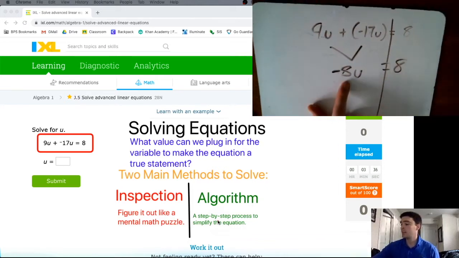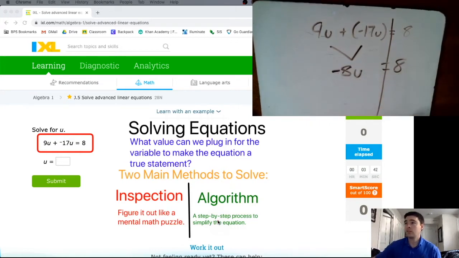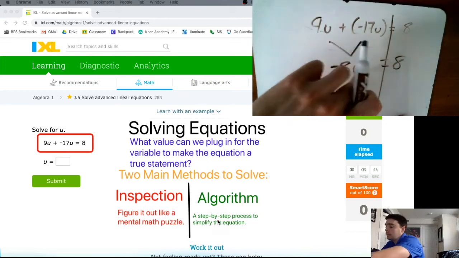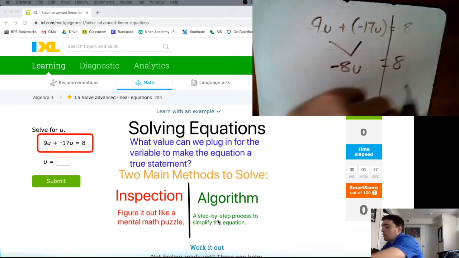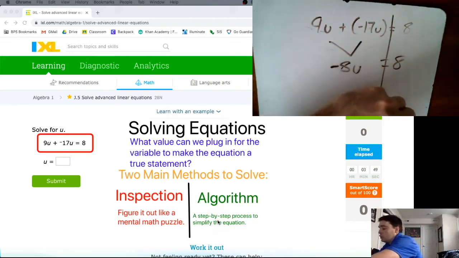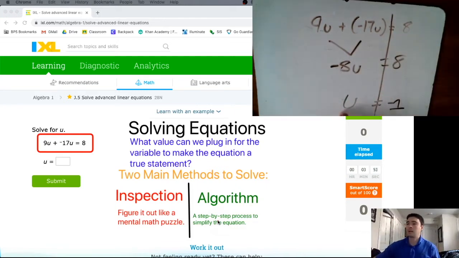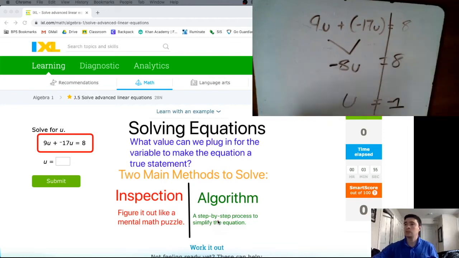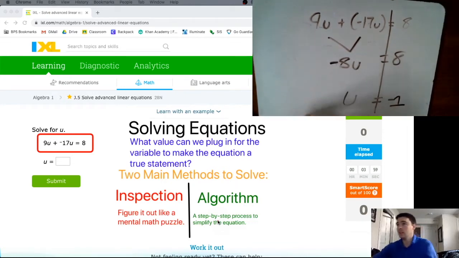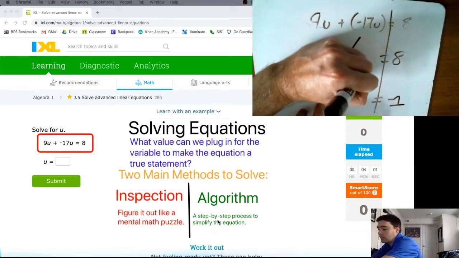And now it says negative 8 times some number u has to give us positive 8. I'm going to solve this with inspection. I know negative 1 times negative 8 would give me positive 8. So I know that u is negative 1 by using inspection, by just thinking about this statement. If I didn't know that, the opposite of multiplying by negative 8 is to divide by negative 8.